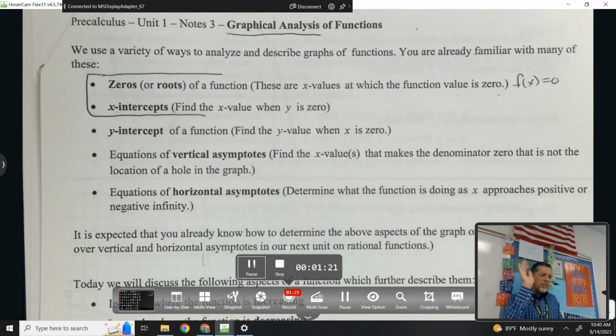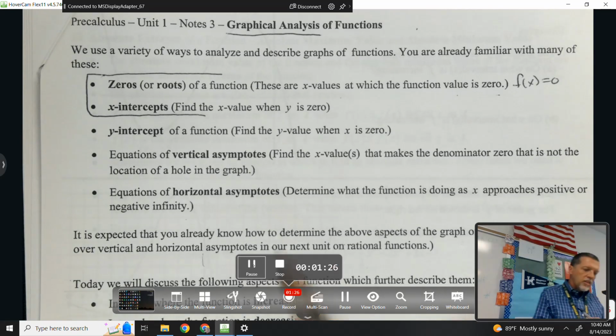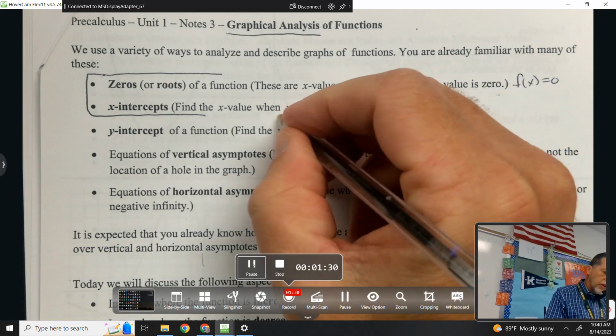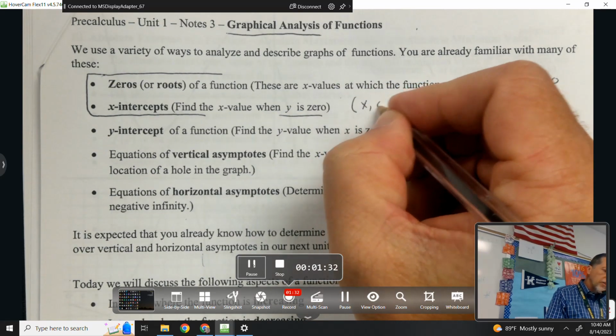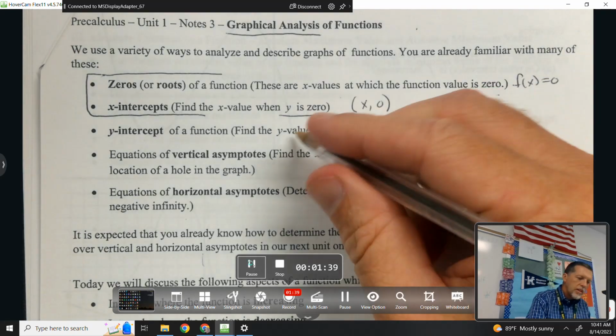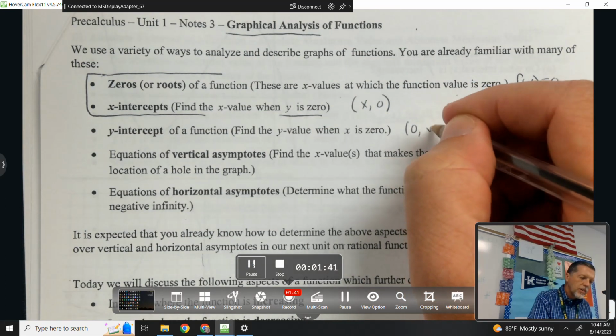Zeros, roots, x-intercepts all mean not exactly the same thing, but for our purposes, and certainly when graphing, it means the same thing. It means the y value is 0. We're looking for the x value when the y value is 0. Y-intercept: find the y value when x is 0.